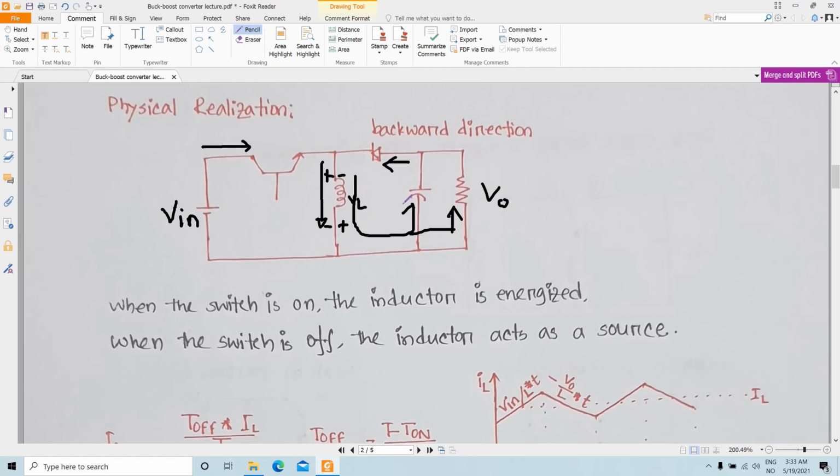So when the switch is on, the inductor is energized, and when the switch is off, the inductor is acting like a source.